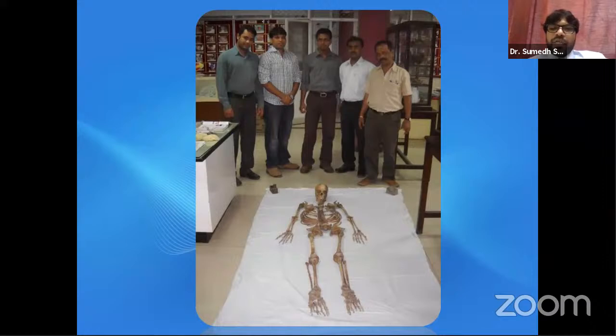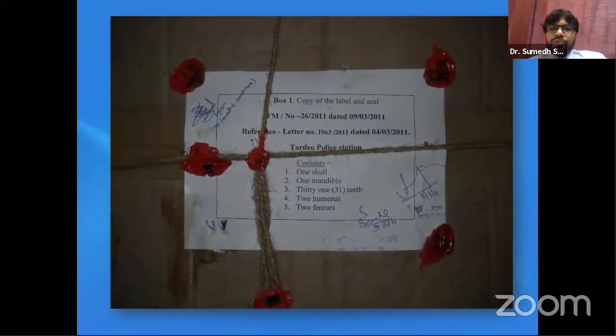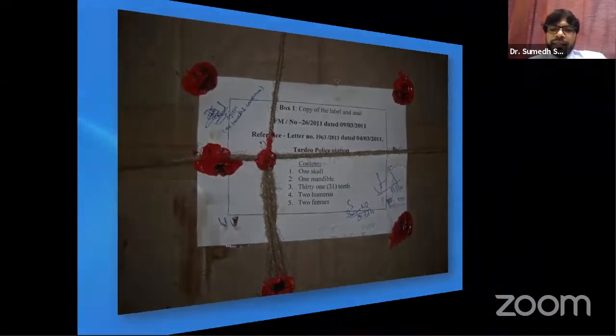It is not a single person's credit. Most of the part is done by the anatomist, then certain parts are done by forensic people. Afterwards we again seal the material and send it along with the content.